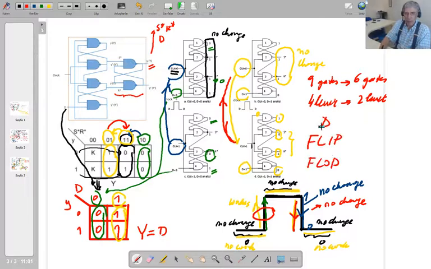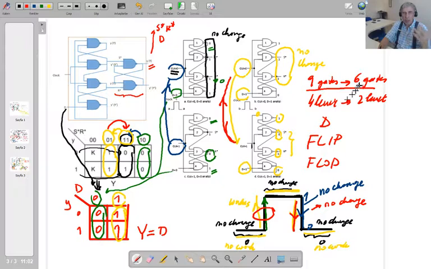D-type. That means flip-flop means edge triggered. And the cost of this D-type memory element is less than the master-slave configuration, because we transferred it from 9 to 6 gates.